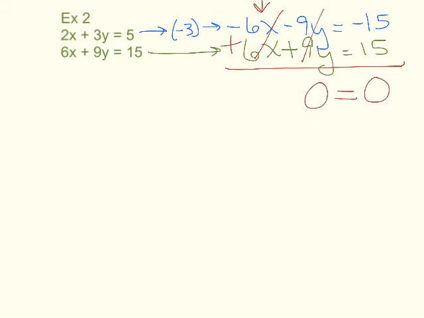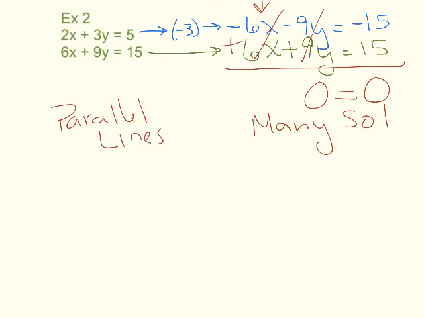When the same number equals each other, I'm going to stop. I'm going to say this is many solutions. And without graphing it, I know that these are going to be parallel lines, which means it's going to be consistent, because there is a solution.